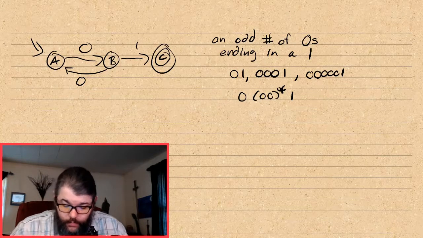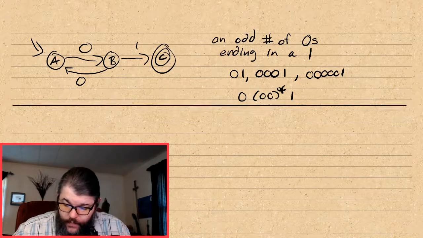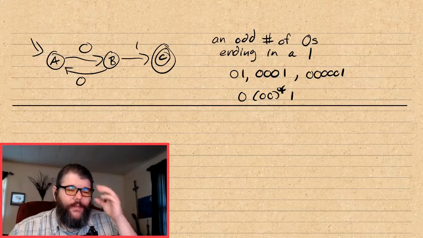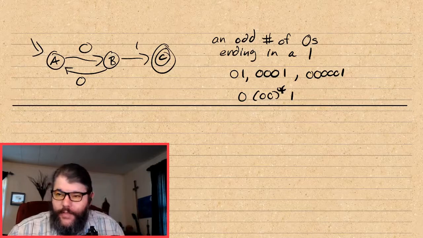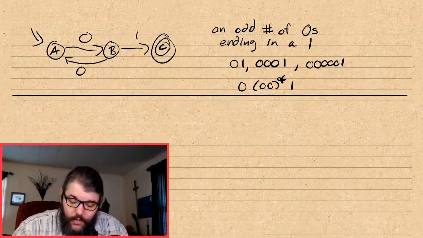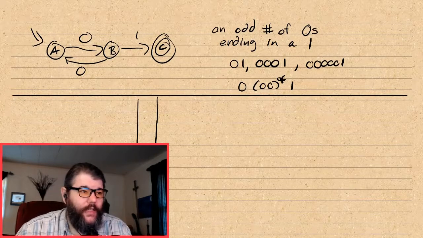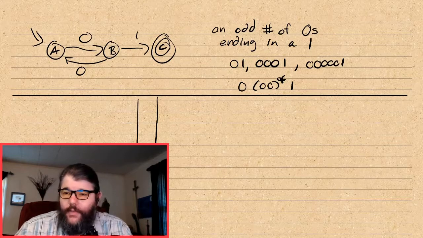So let's walk through the process of how we actually construct a regular expression from a finite automata in a more rigorous way, and we'll start that here. So let me draw my line for where you guys can't see anymore, somewhere around there.